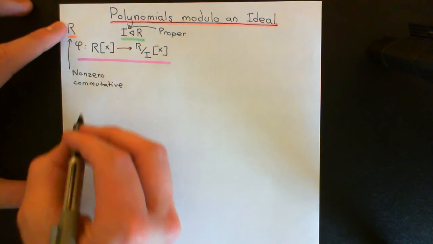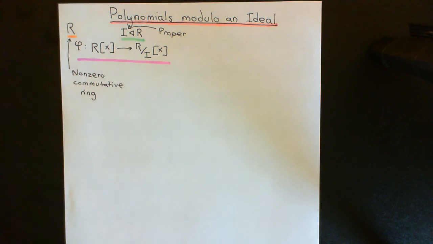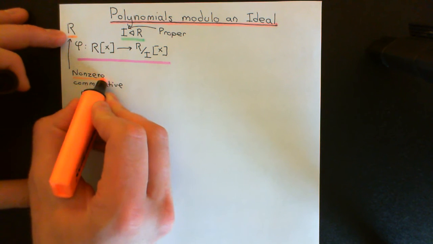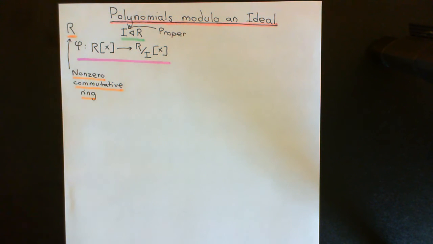I want to tell you exactly what it is actually going to do, where it's going to send an arbitrary polynomial in this polynomial ring R adjoin X. Then, after giving you a basic example of this mapping, we'll prove that it is indeed a homomorphism, and later on we'll have a look at how this is very useful for finding out whether a certain polynomial in a ring of polynomials is irreducible or not, which is a question that we do care about.